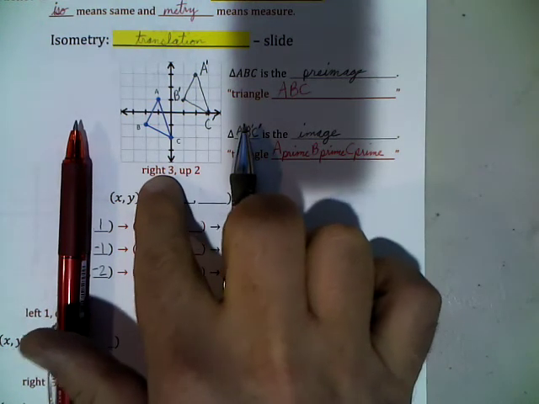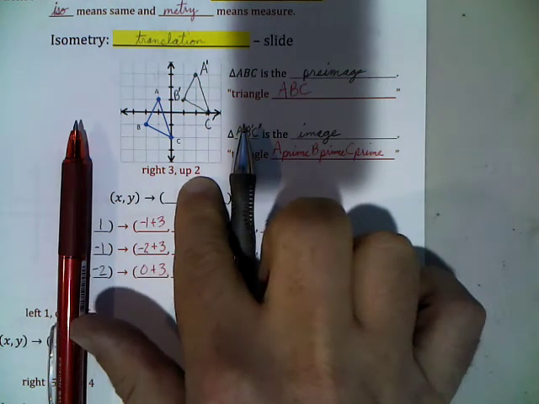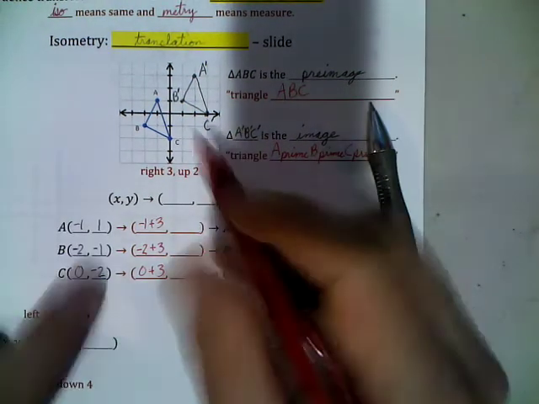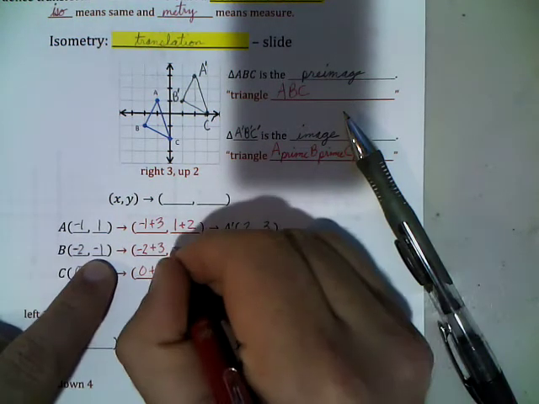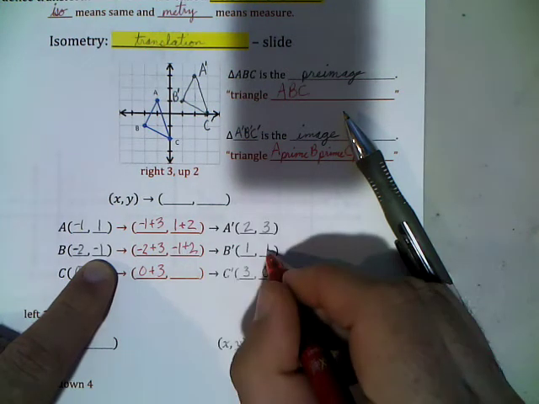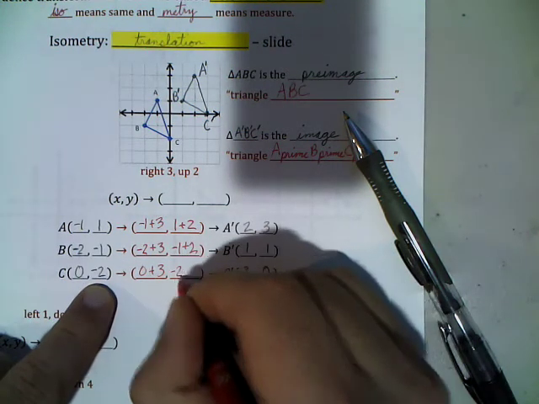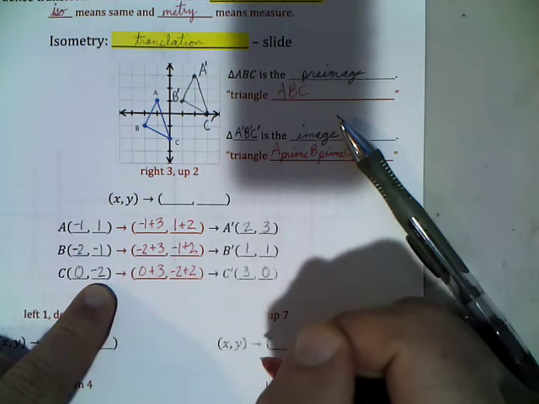So right and left will affect our x value, up and down will affect our y value. So it looks like I've taken the y value 1 and added 2 to get 3, the y value -1 plus 2 to get a +1, and the y value -2 plus 2 to get 0.